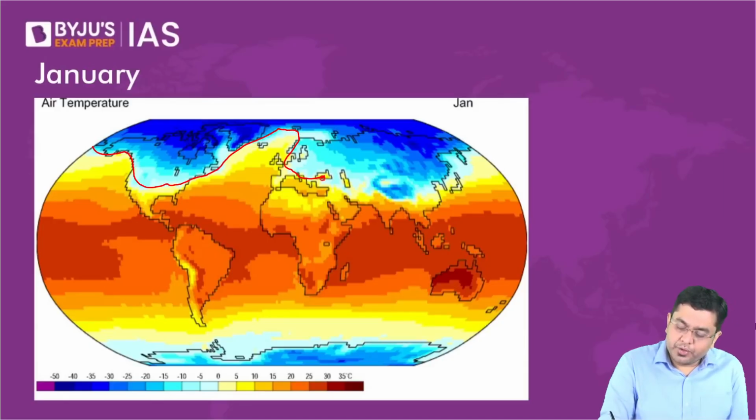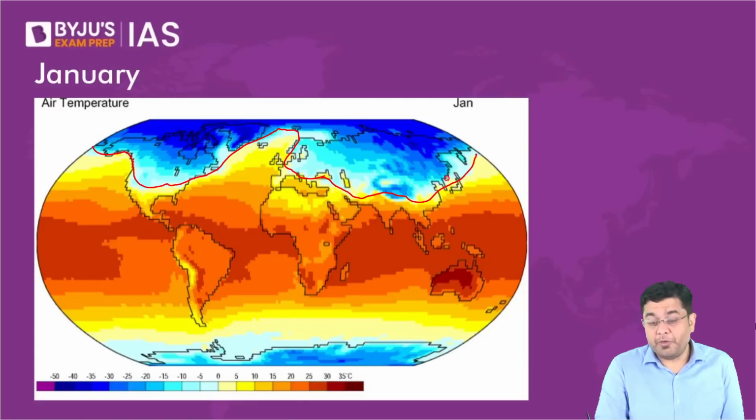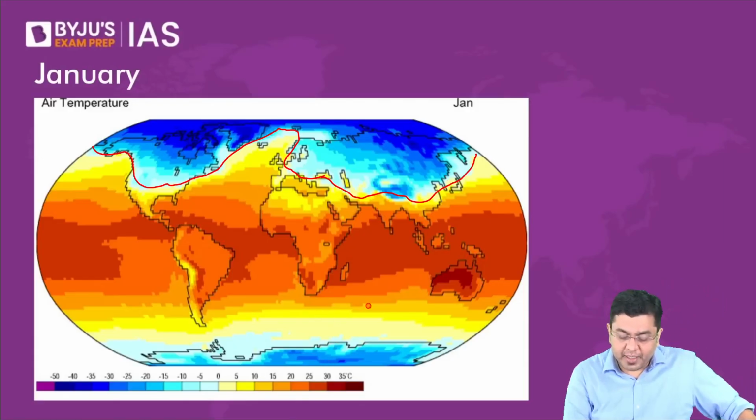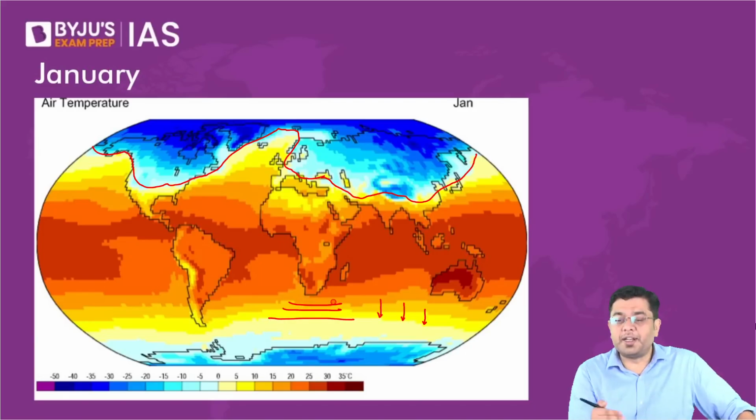Whereas at the same latitude, the water bodies are going to be very, very warm, isn't it? And here also observe in the southern hemisphere that the rate at which the temperature is changing is very consistent. There is a kind of a parallel condition with which the temperature keeps on changing.